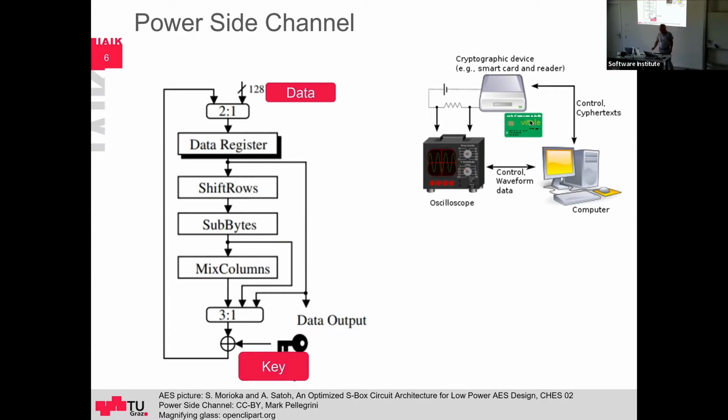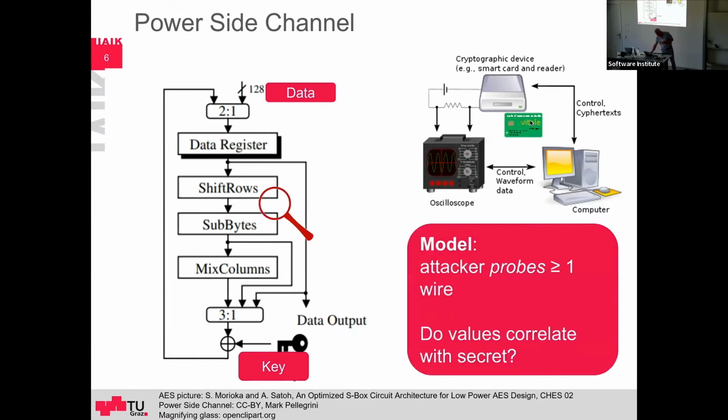And I have a setup like the one on the top right, where I can look at the circuit and try to determine exactly what sort of power usage is on the circuit, and not just globally, but I can do that very locally. I can watch the individual wires. I'll get back to this security model a couple of times in the talk.